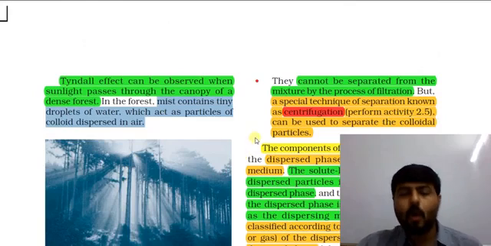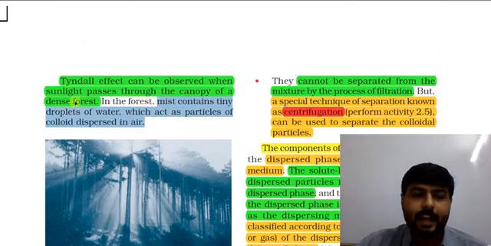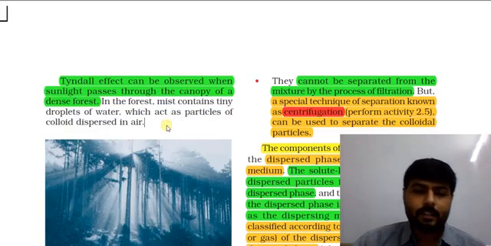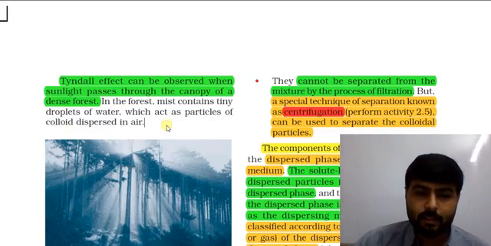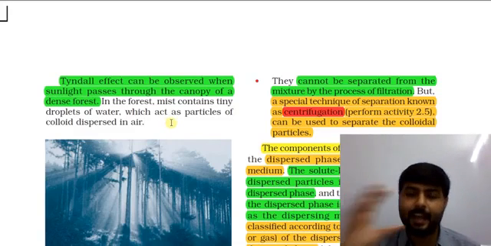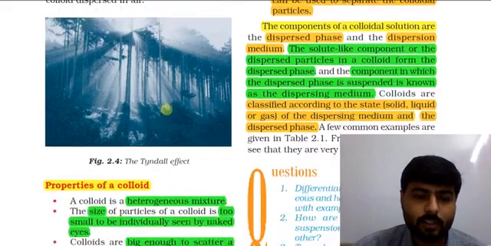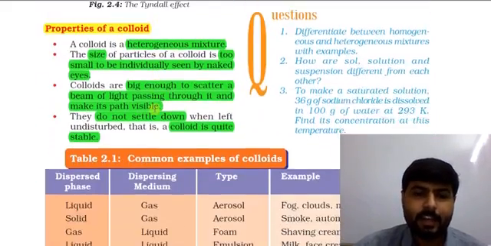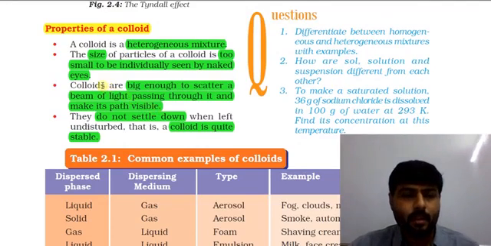We can also observe it in a forest when sunlight passes through the canopy of dense forest, due to the tiny droplets of water, that is mist, dispersed in air. So these are all examples and the definition of the Tyndall effect.